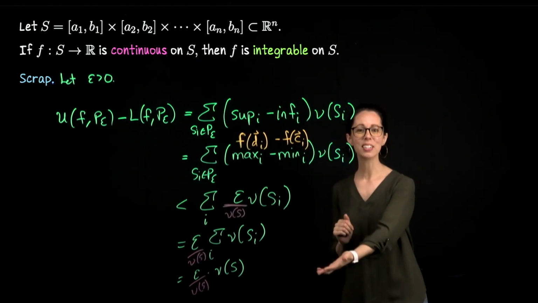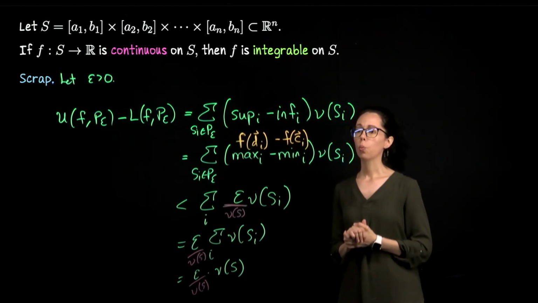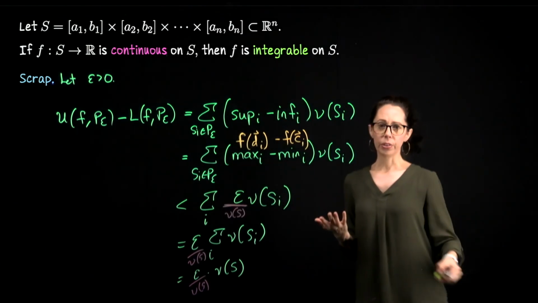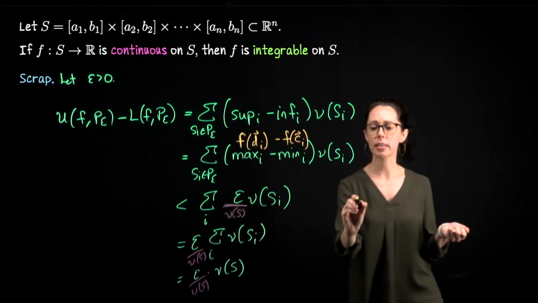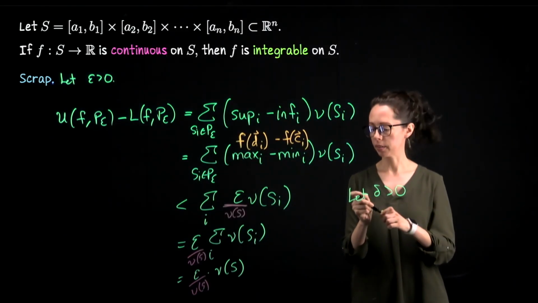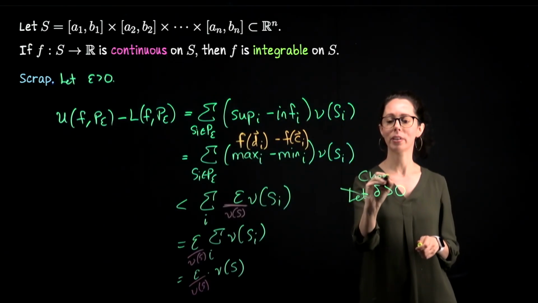So we've seen how the end of the proof should look. What we now need to do is say, okay, this is the goal. With uniform continuity, our proof is just going to say, let delta, or choose delta. So, scrapwork, let me make it really look like scrap.